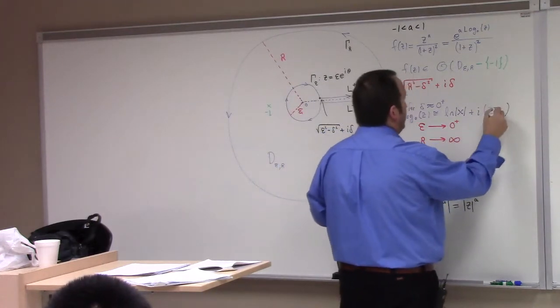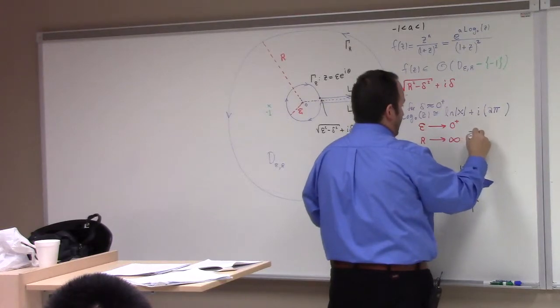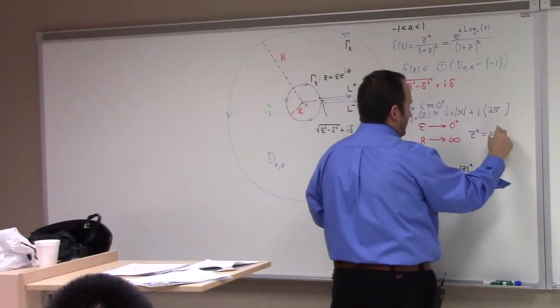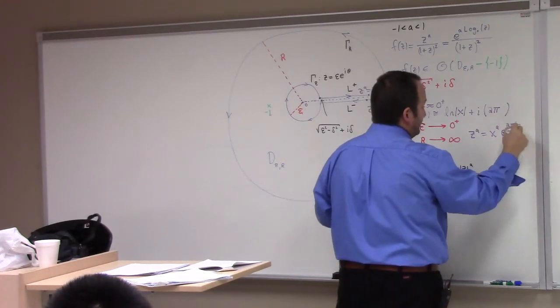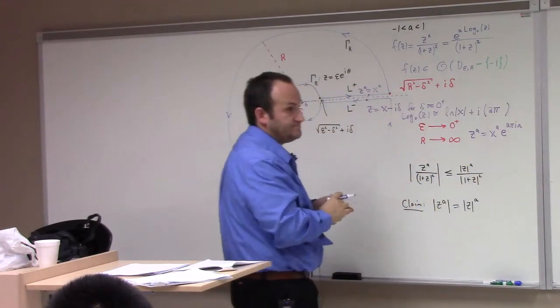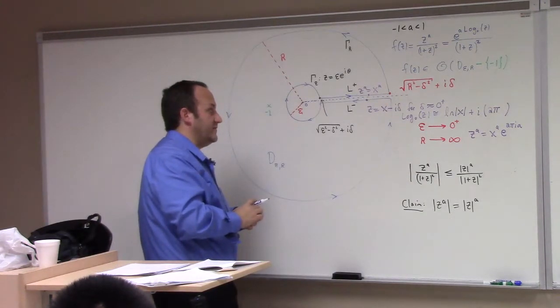And so when you put that back up into here, z to the a is equal to x to the a times e to the 2 pi i a for the lower half. And what's your dz?